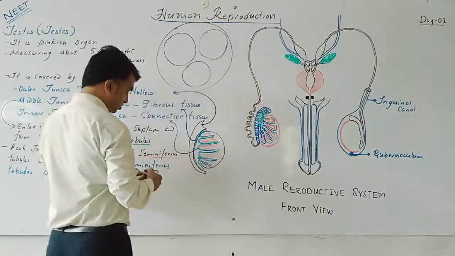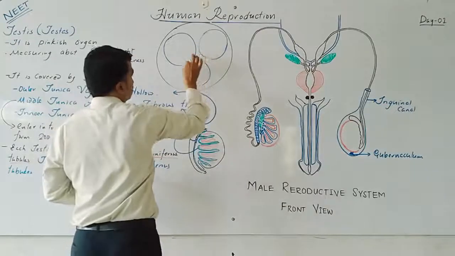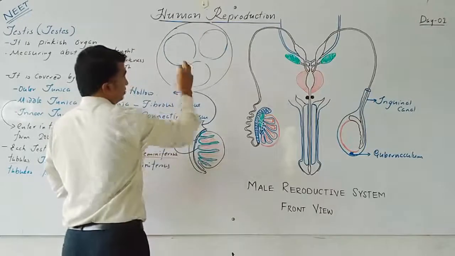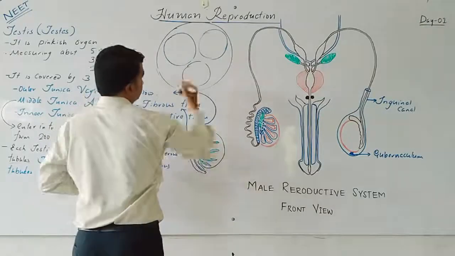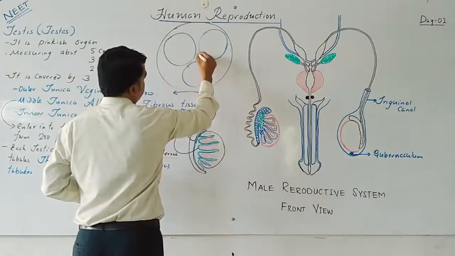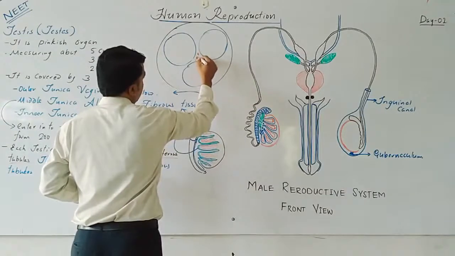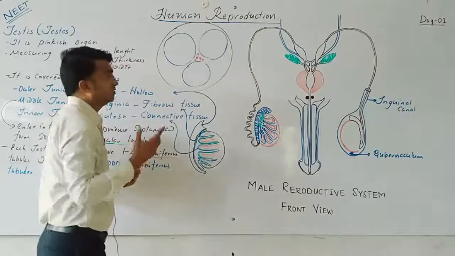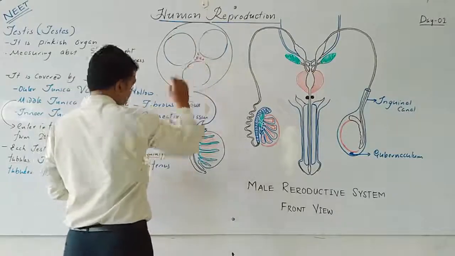So the space present in between the seminiferous tubules is the interstitial space, where connective tissue is present. In that, the lymphatic vessels, arteries, veins, everything is there.